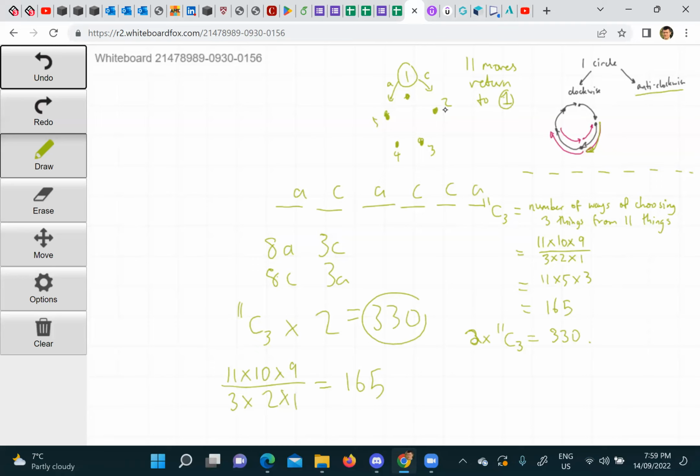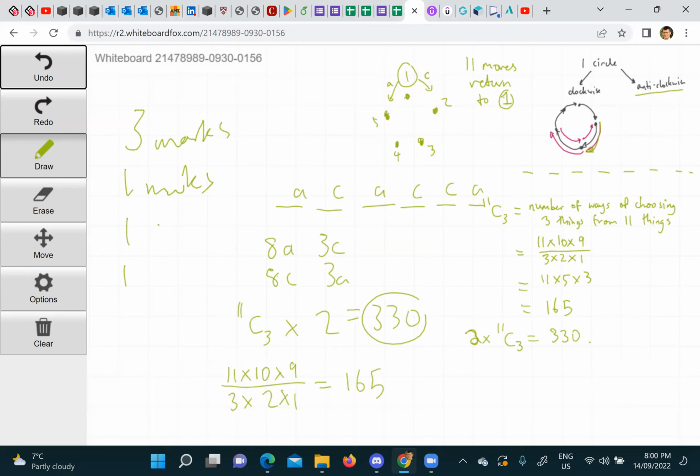Knowing that it goes around one circle is definitely worth a mark, and that's saying a lot because there's only 3 marks for this question. 1 mark is for the answer. Where are the other 2 marks coming from? One is the circle thing, and the other is figuring out that you need anti-clockwise and clockwise. Definitely 1 mark for this one circle thing.